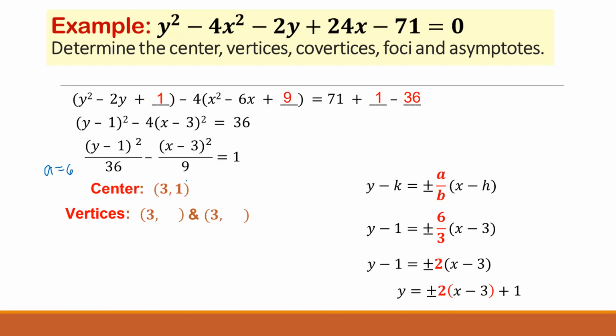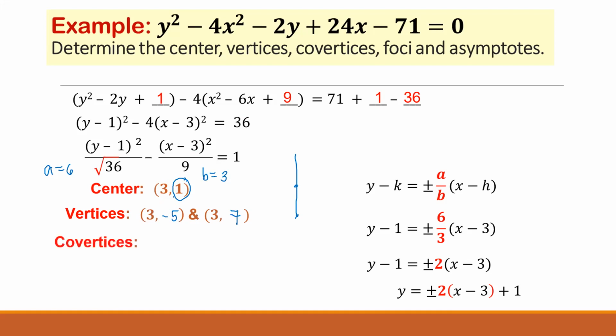So mag-a-add, subtract tayo ng 6 from 1. 1 minus 6 is negative 5. Yung nasa baba, 1 plus 6 is 7. There you go. Tapos, ang b natin is 3. That will take care of the covertices.